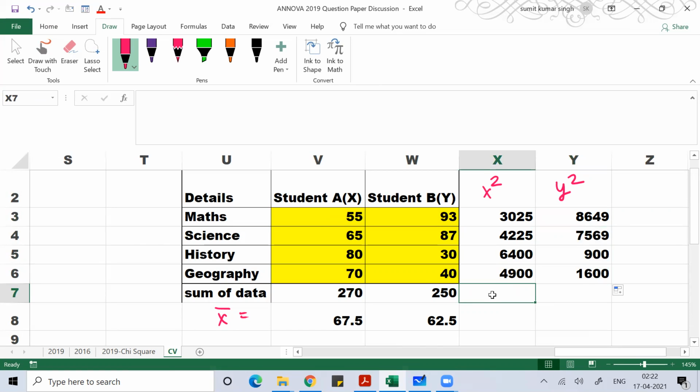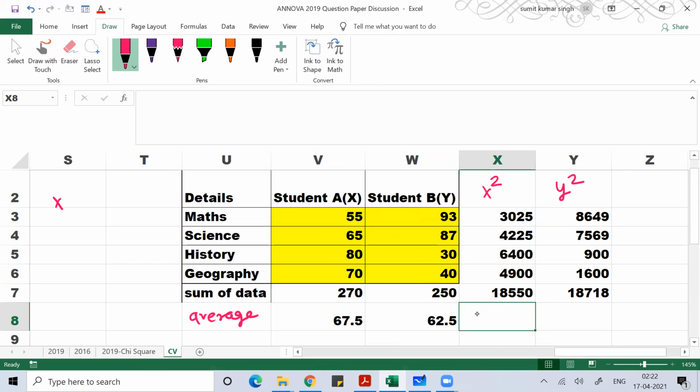Then I'll find this sum. So I'll find the sum of x square and the sum of y square. I hope you're understanding. This is the average.